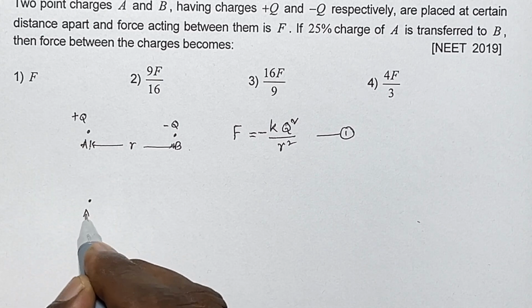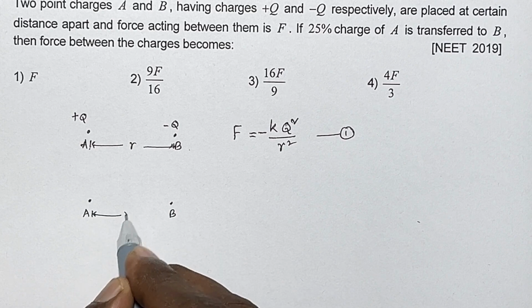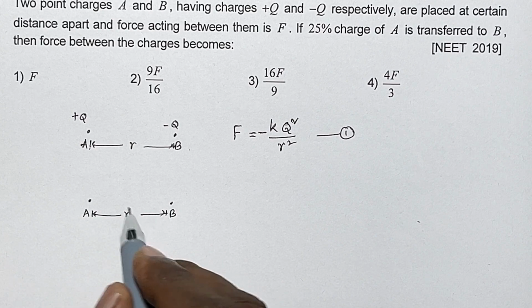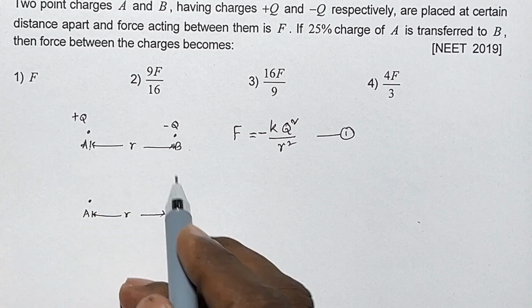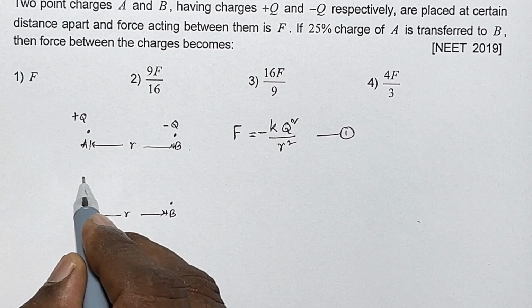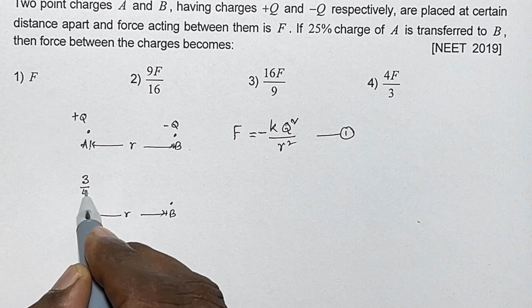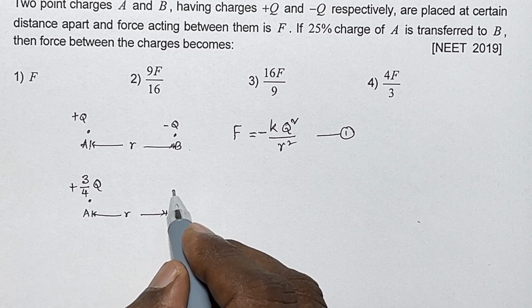This is charge A, this is charge B. The distance has not changed, it is the same. Now 25% of this charge is given to this one. So here only 75% will be there, so 3/4 of the charge will be remaining here.